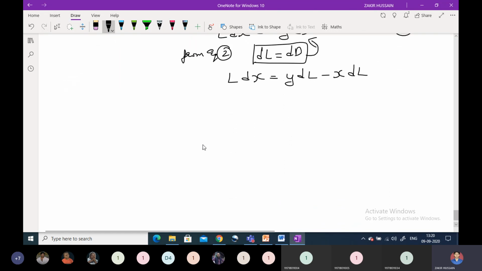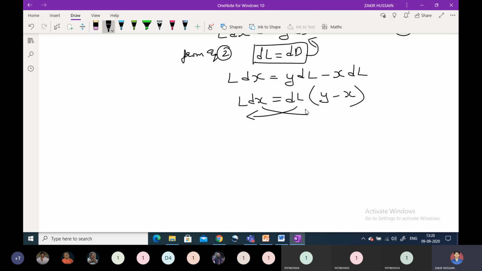Now we will separate the common variables; we take dL common: dL into y minus x equals L into dx. We bring this L to this side and y minus x to this side.